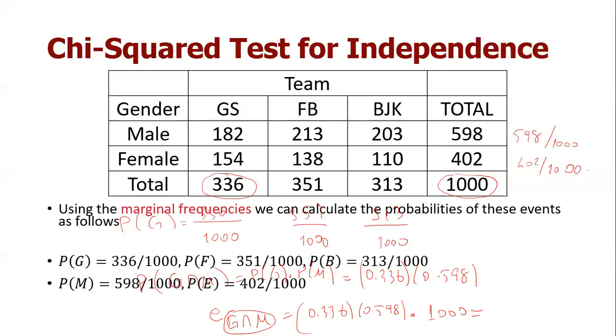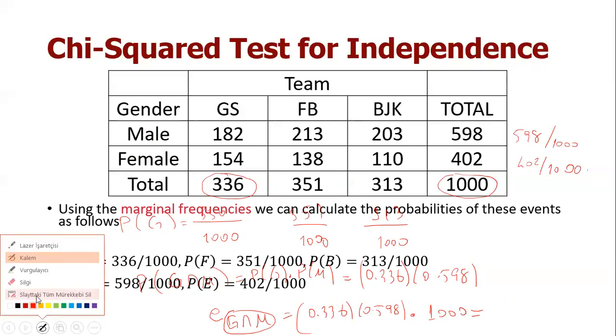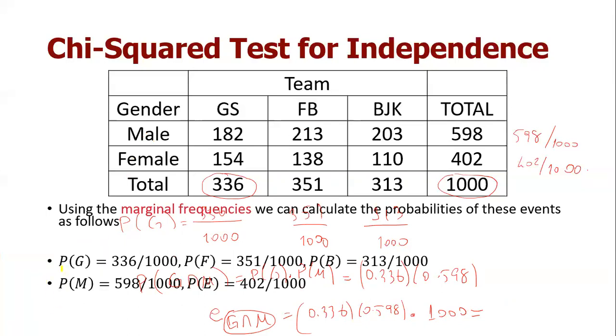Well, in the slides I have this as well. The probability of G is equal to 336 over 1,000, which I've just written here. Probability of F, probability of P, and so on and so forth.